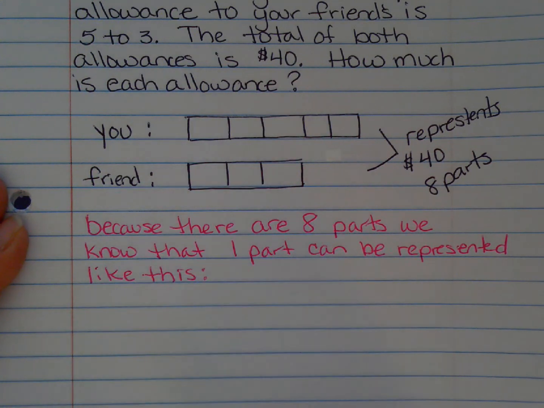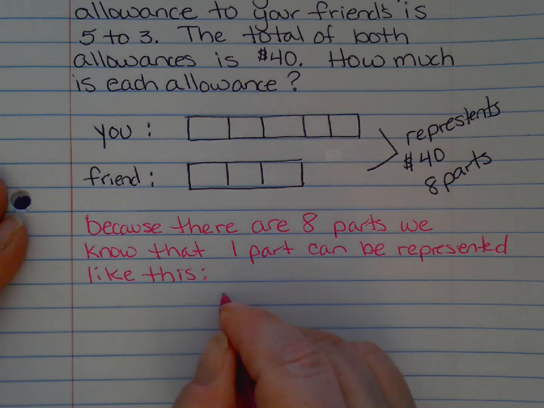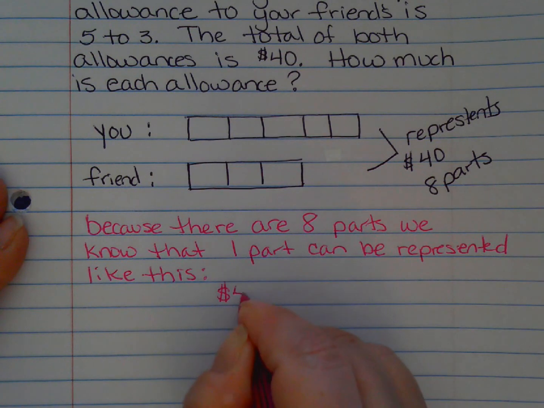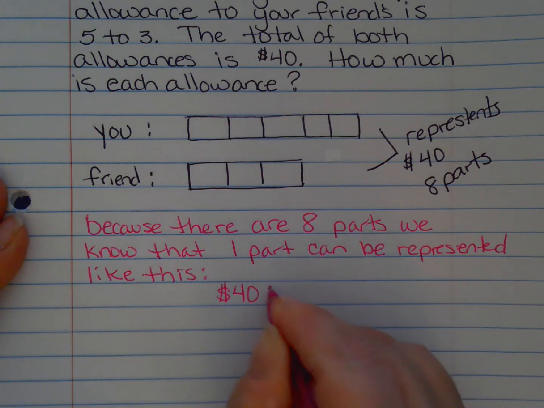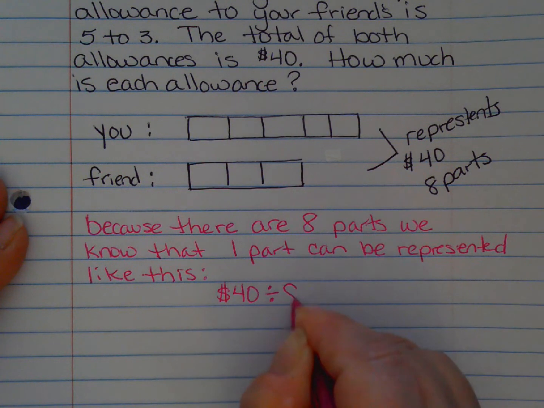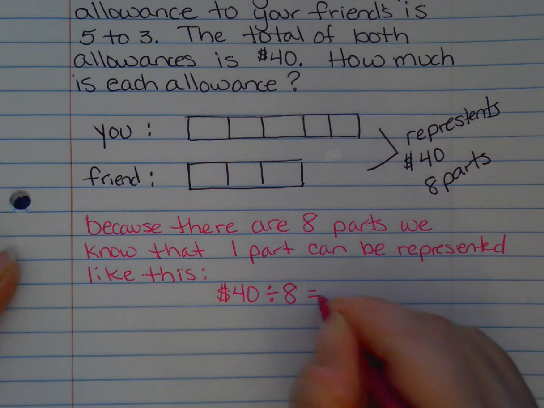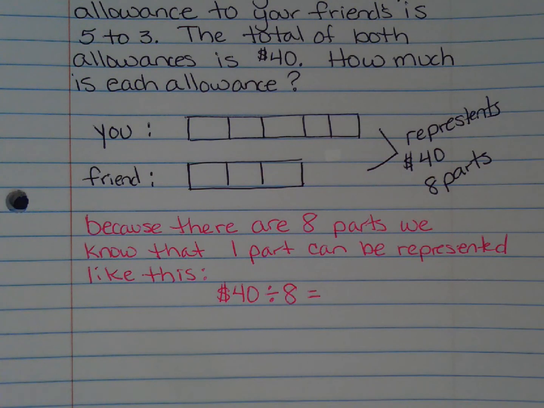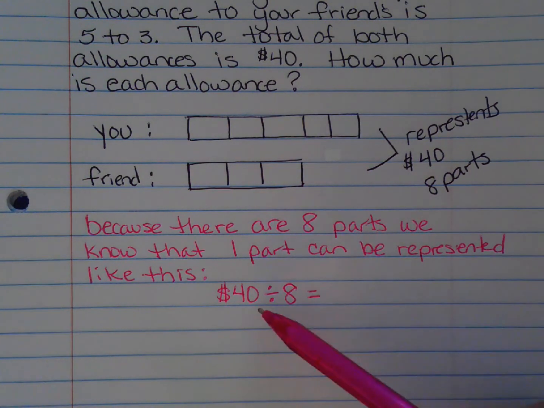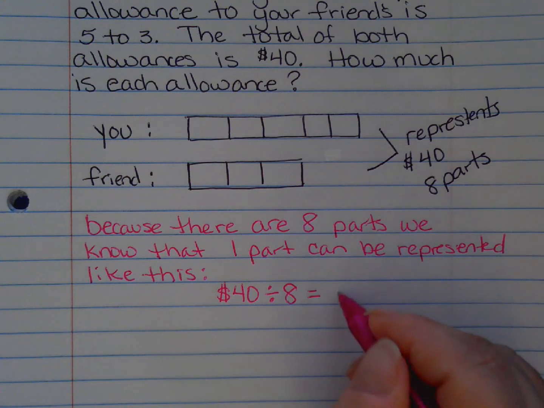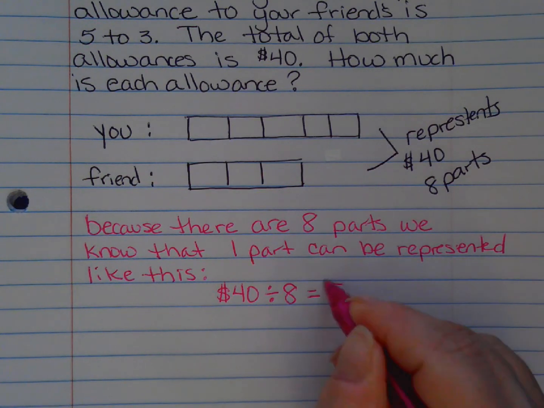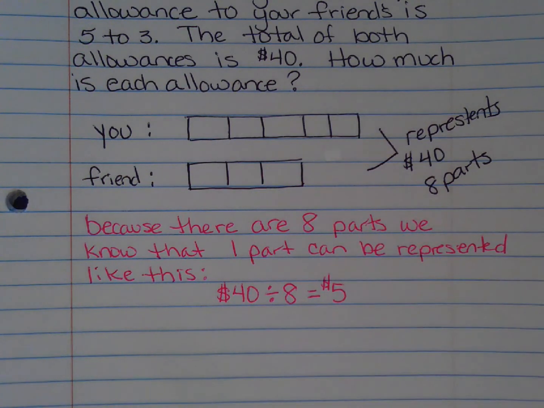So one part can be represented as $40 divided by 8, because there are 8 parts. We want to find out how much one part is. So 40 divided by 8 is $5.